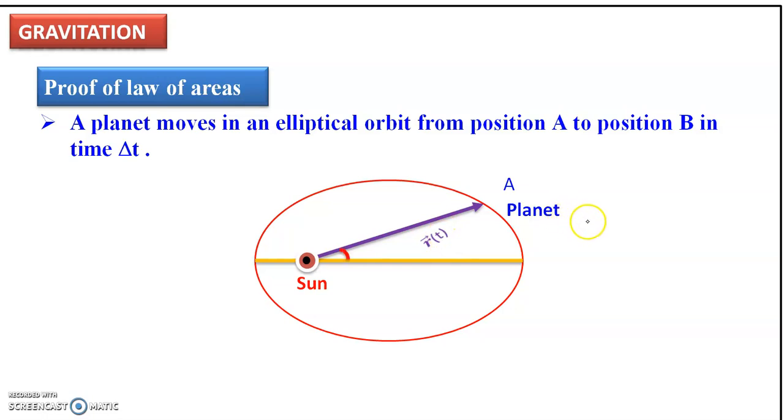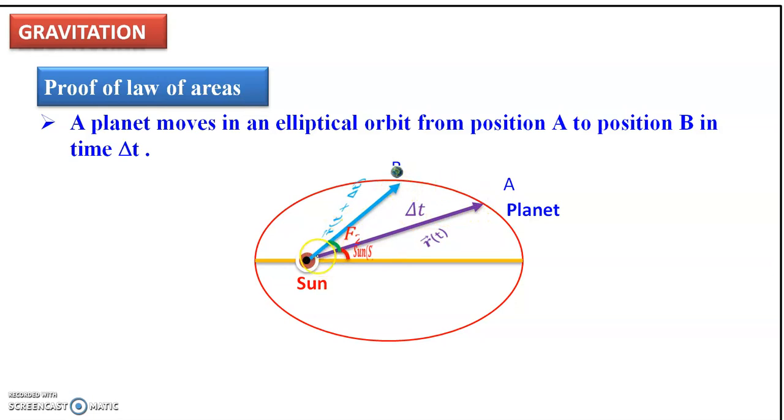Now the planet moves from A to B. The radius vector is then r of t plus delta t, because for the movement of the planet from here to here, the planet takes delta t time. During this delta t time, the planet moves from A to B.